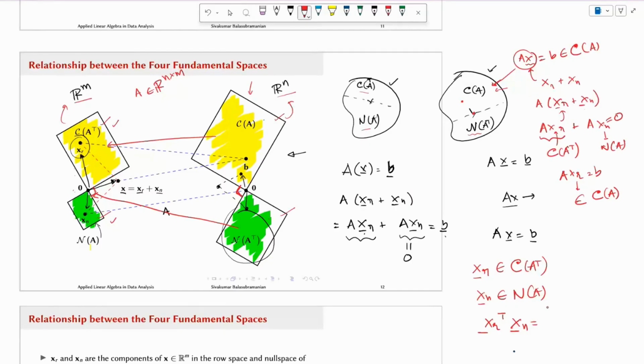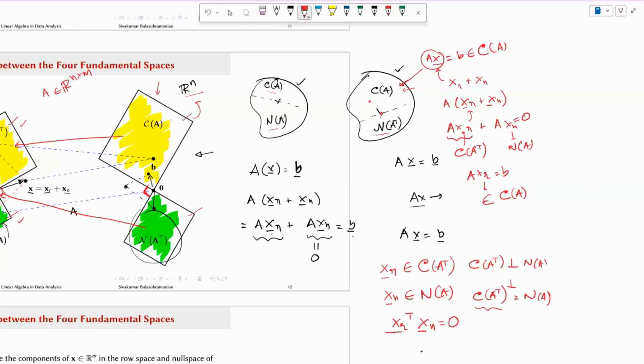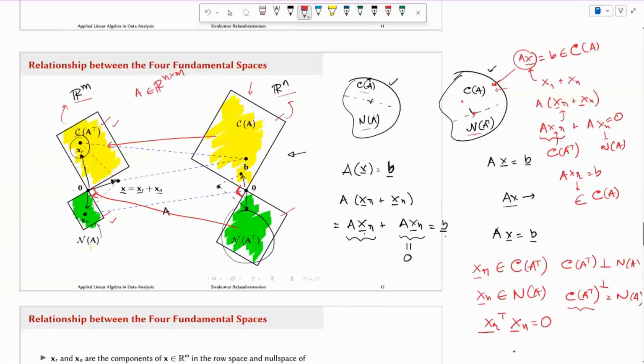Yeah, 0. This will be 0. That's because C(A transpose) is perpendicular to N(A), or in fact, C(A transpose) perp equals N(A). It means the row space is the orthogonal complement of the null space of A.